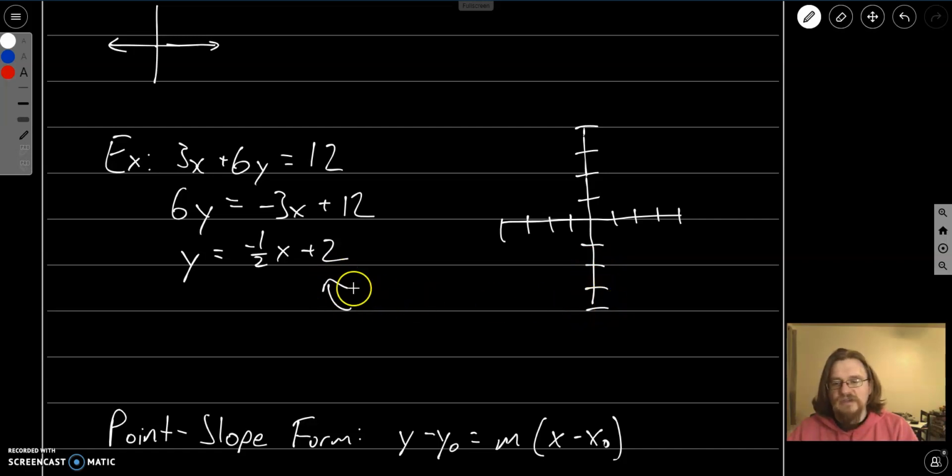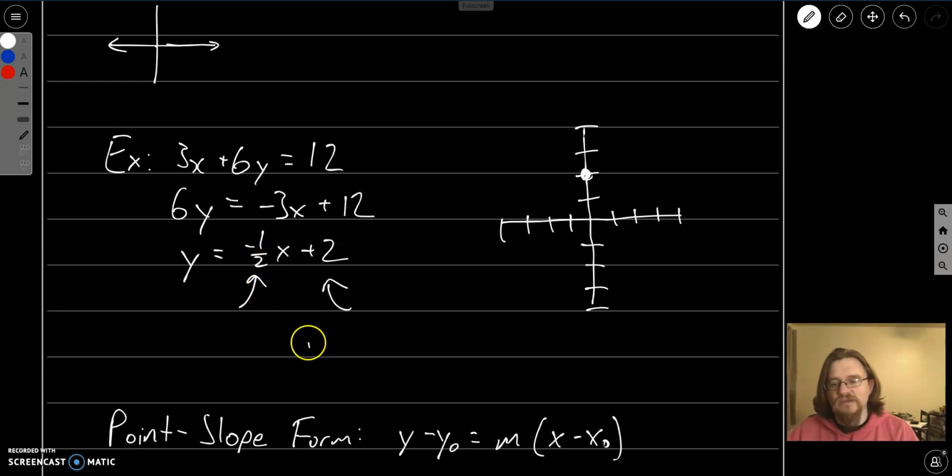Our y-intercept is going to be 2. So we know that this line passes through the y-axis at the point y is equal to 2. And our slope is negative 1/2. So negative 1/2, the negative means that our line is going to be going down as it goes to the right. How fast? It's going to go down 1 every time we go over 2.